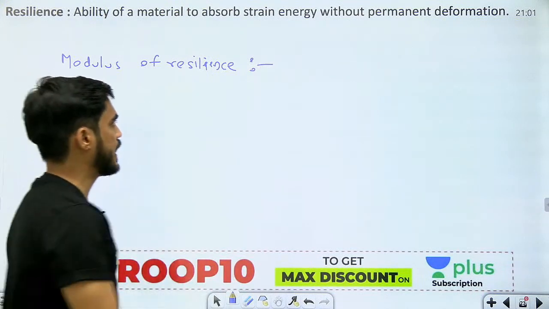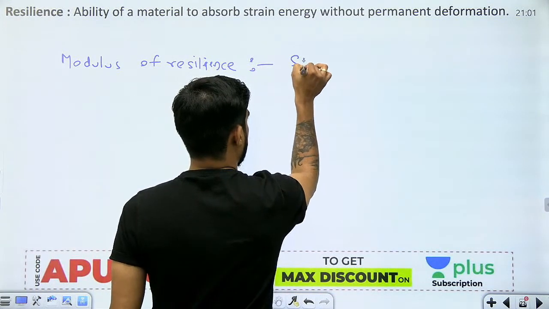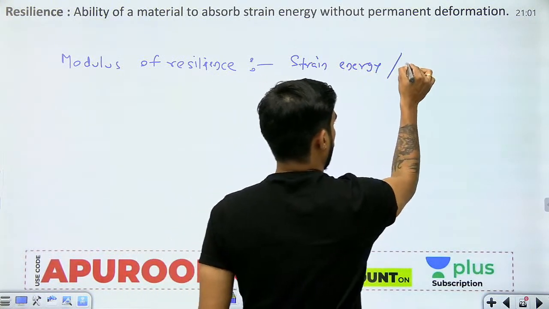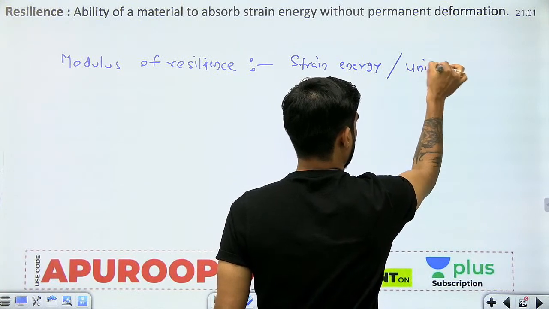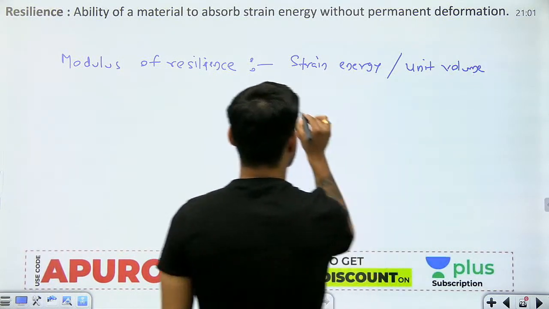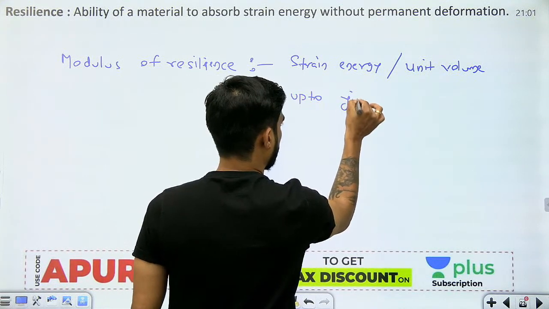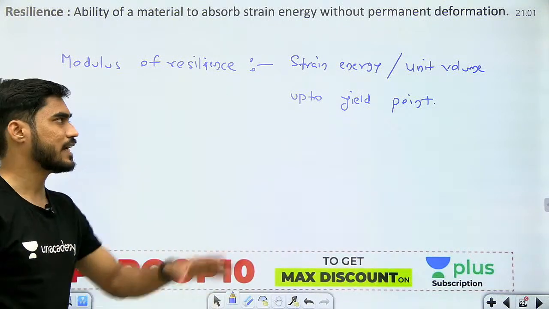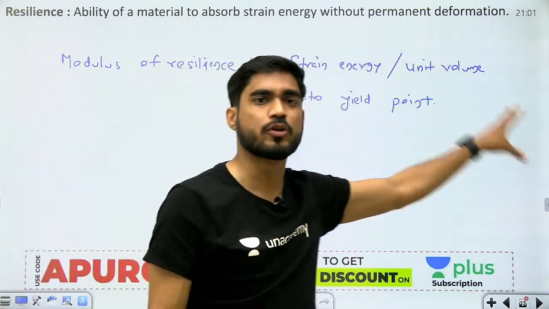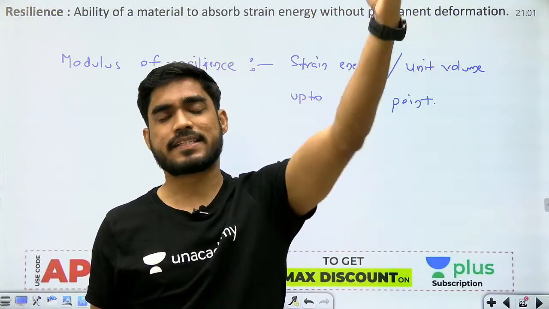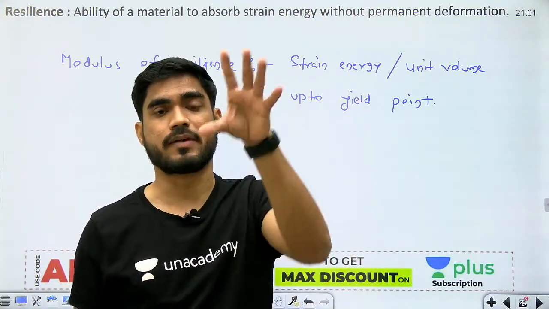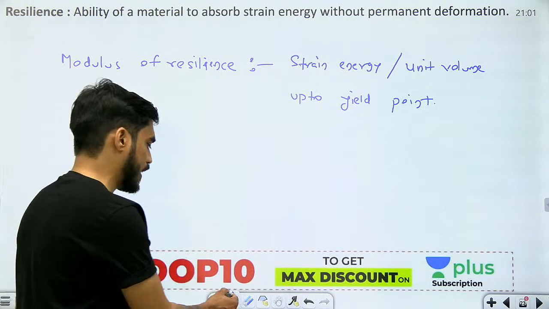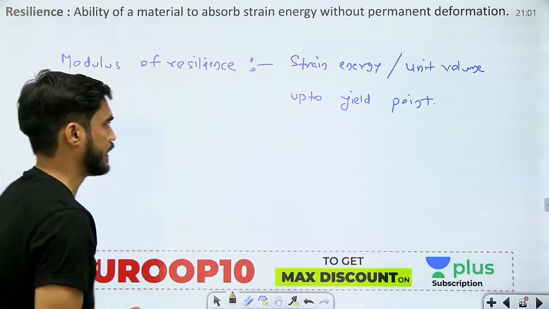Modulus of resilience is strain energy per unit volume up to yield point. Up to the yield point, the maximum strain energy per unit volume that it can absorb. That is the modulus of resilience. And how can it be calculated? From the stress strain curve. Understand it.